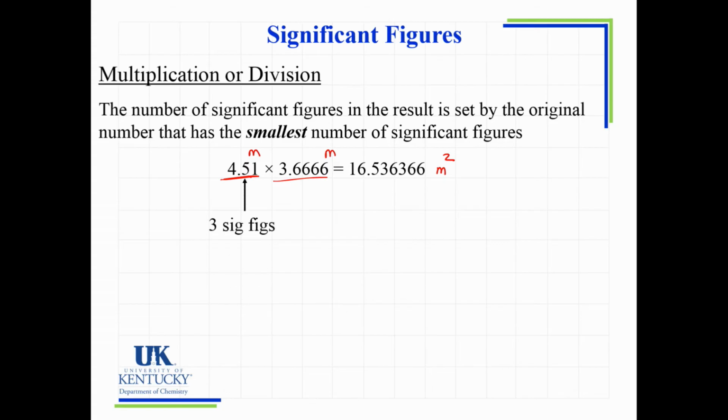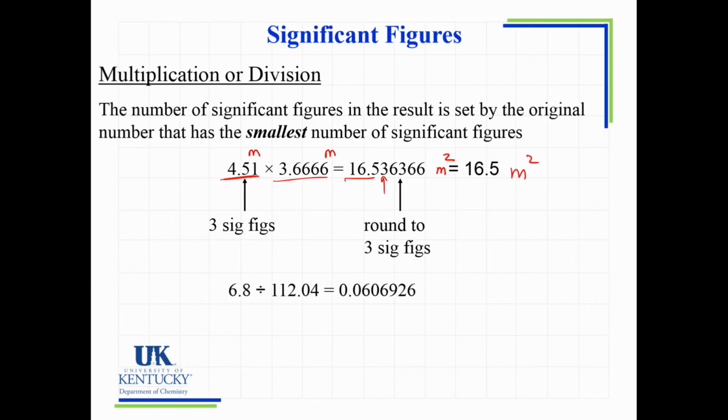We know that this has 3 significant figures, so our answer can only have 3 significant figures. If we round it, we would round it to 16.5 because we're keeping these 3. We're getting rid of this one, and that one is less than 5, so we won't need to round up, and our answer would be in meters squared.